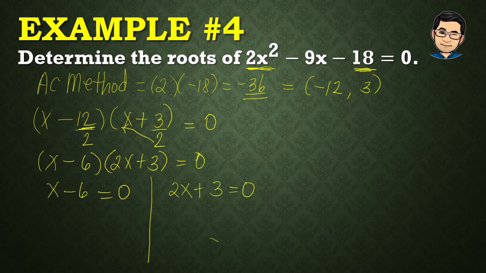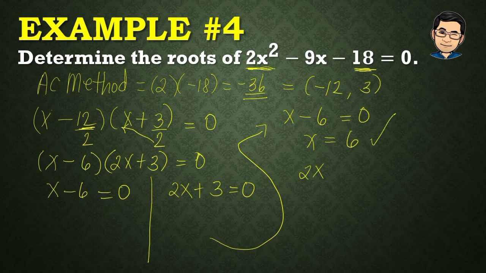So, and then, rewrite natin siya, linear equation, x minus 6 equals 0. So, the value of x is positive 6. And then 2x plus 3 equal to 0. So, itong 3 na to, kailangan natin siyang ma-eliminate dito sa left side. Kailangan ma-transfer siya sa right side.